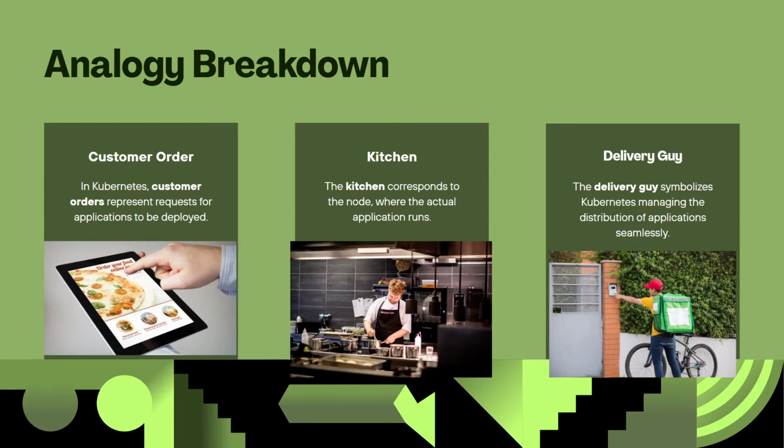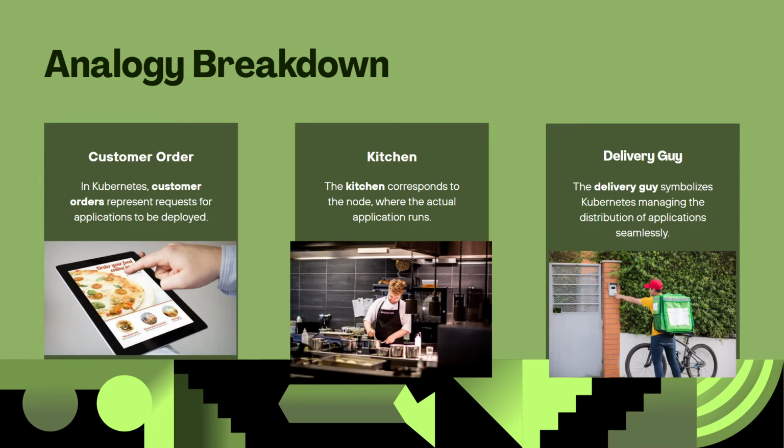The delivery guy is like the Kubernetes scheduler, choosing the best path. If a chef quits or messes up, Kubernetes auto assigns a new one. That's self healing. We can call it auto healing. Need to serve 1,000 customers instead of 10? Kubernetes auto scales your app like hiring more chefs and delivery partners.